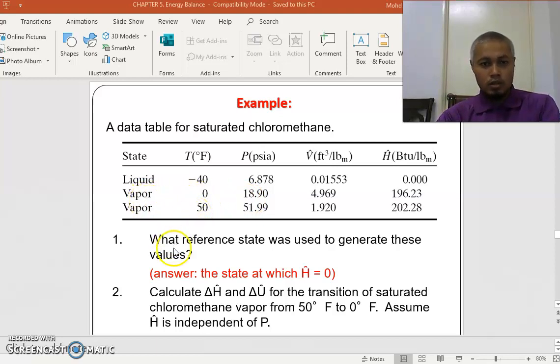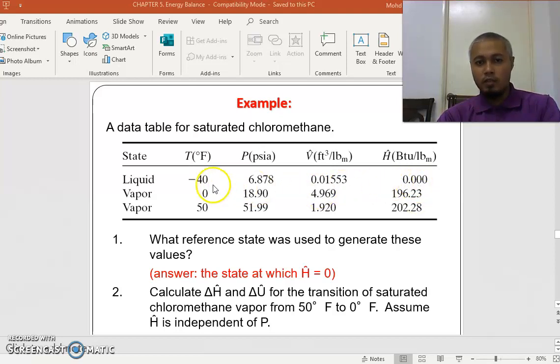So the question is, what reference state was used to generate these values? The answer is the state at which enthalpy equals 0. Because if we use enthalpy equals 0, we can get delta enthalpy easily, because we just subtract 0 from 196.23.